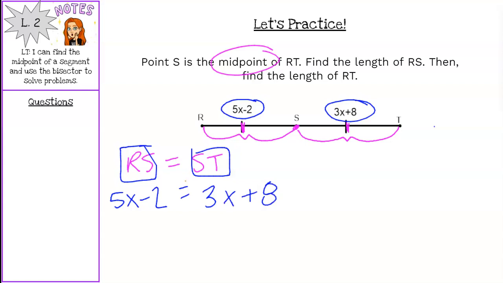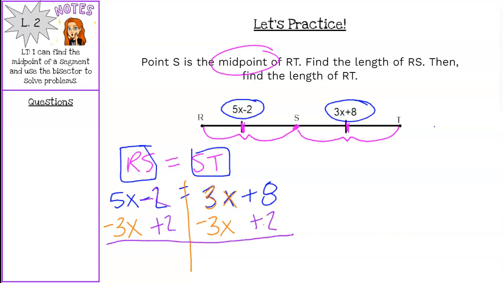So we need to get our variables to one side and our numbers to the other side. So I'm going to move this 3x to the other side. So to get positive 3x to the other side, I'm going to subtract 3x on both sides. And then I'm going to move the minus 2 to the other side. To undo minus 2, I'm going to do plus 2 on both sides.